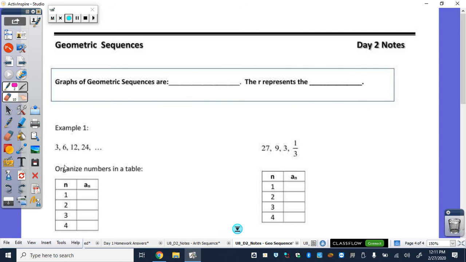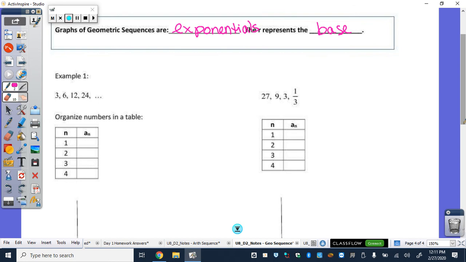And then just the last thing, geometric sequences mimic your exponential functions. So their graphs also look like exponentials. Your common ratio is your base. So again, sequences can be written into tables. So I could make that 3, 6, 12, 24 right there.